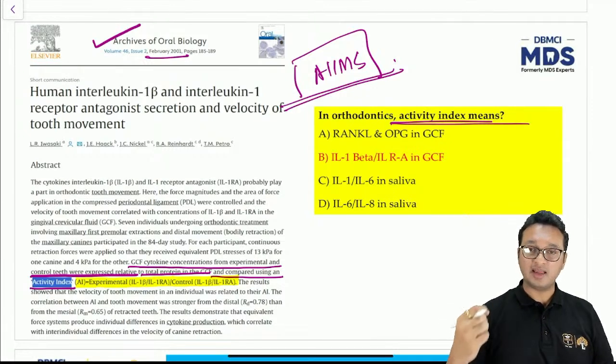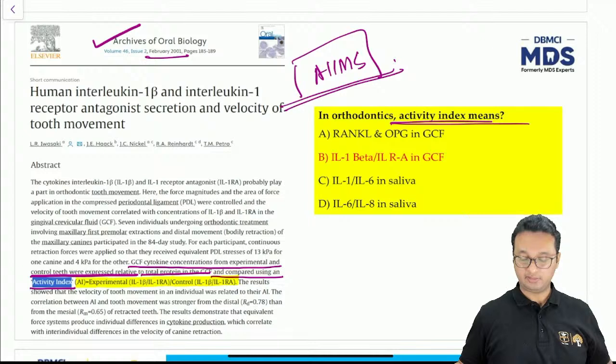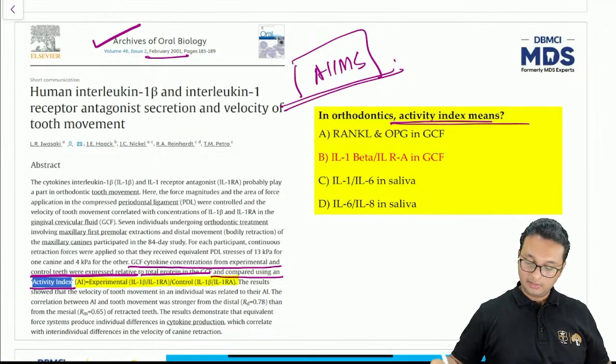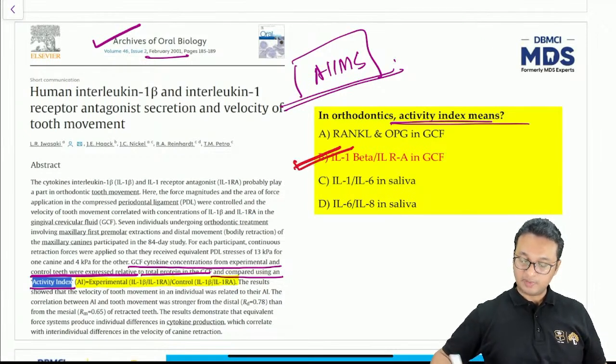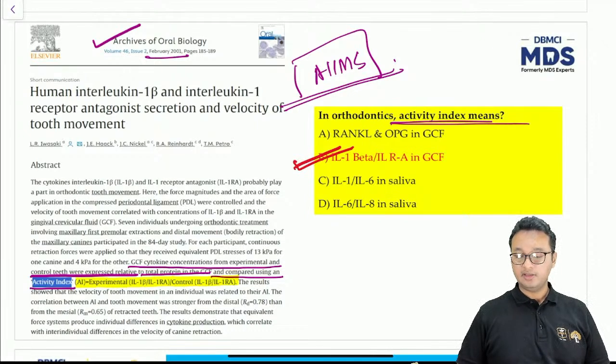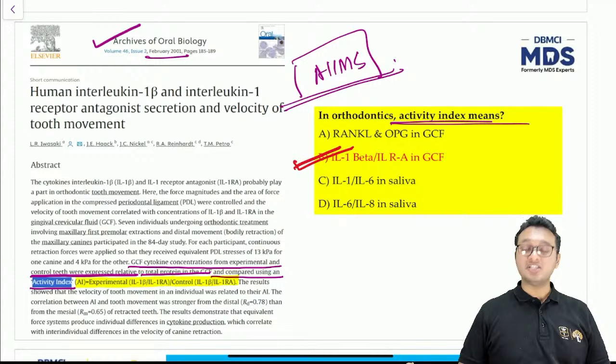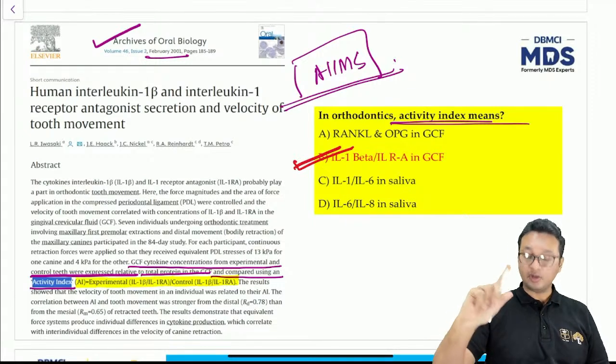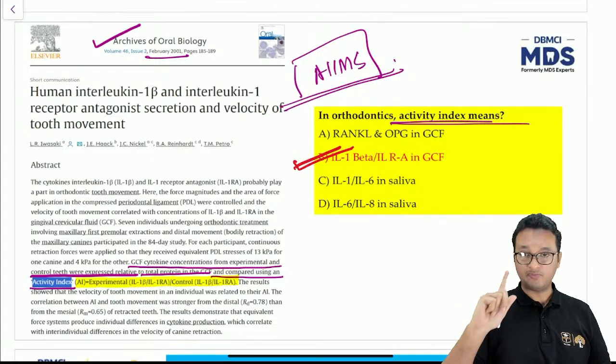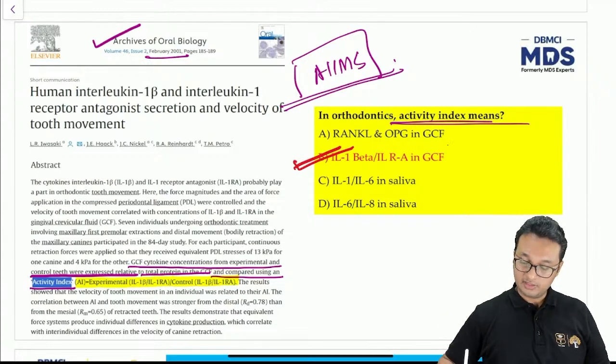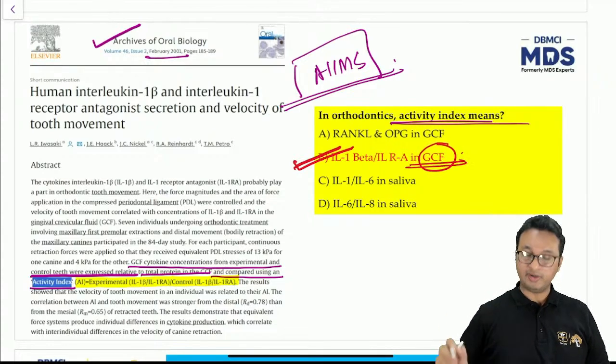So that is exactly the meaning of activity index. Okay. So activity index is a relationship between the interleukin 1 beta and interleukin receptor antagonist in the gingival crevicular fluid, not in the saliva. So you have to remember this, in the gingival crevicular fluid, GCF.